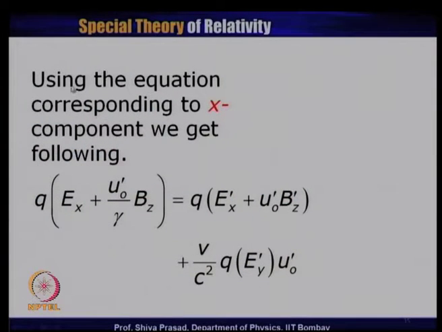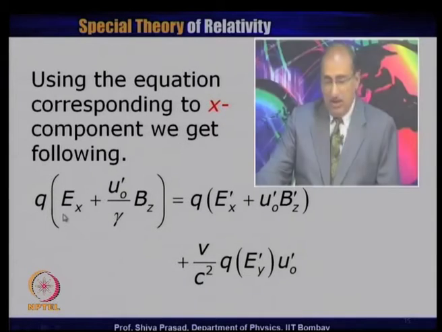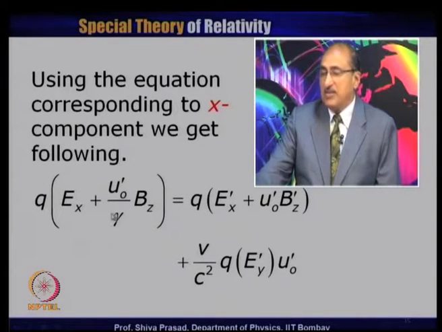So, this is what I have written. Using the equation corresponding to the x component, we get q Ex plus u naught prime by gamma Bz, which happens to be Fx. This is equal to Fx prime plus V by c square times Fy prime.